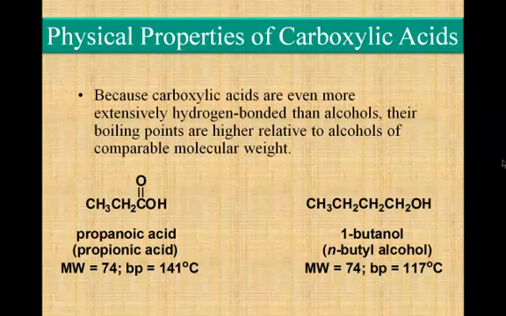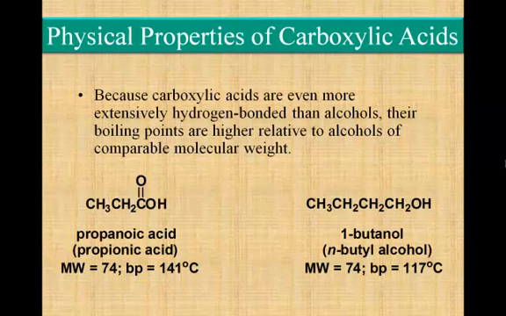Carboxylic acids can form extensive networks of hydrogen bonds with each other, and this is going to affect their melting points and their boiling points. For instance, if we compare propanoic acid or propionic acid with 1-butanol, we see that their molecular weights are identical, but the boiling point of propionic acid is 141 compared to the boiling point of butanol of 117.